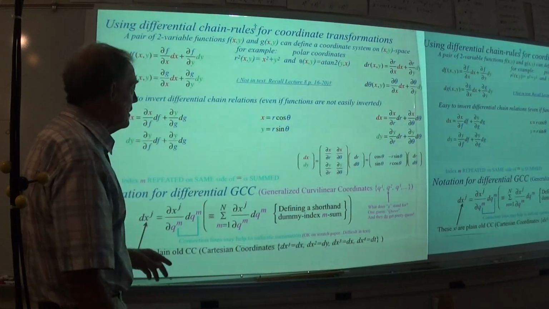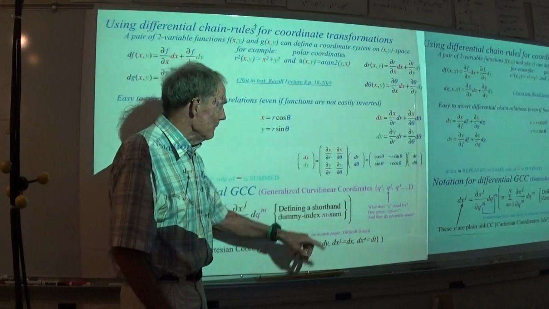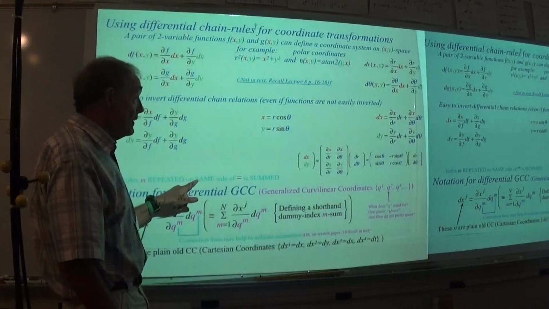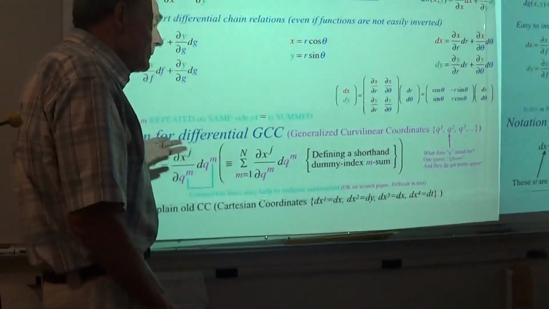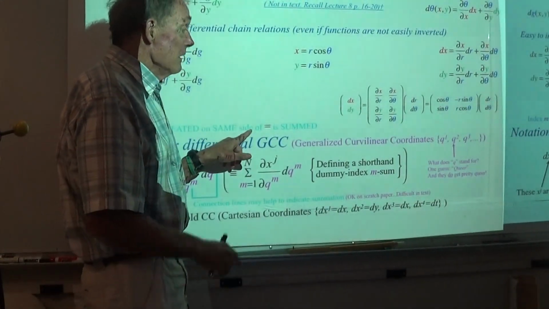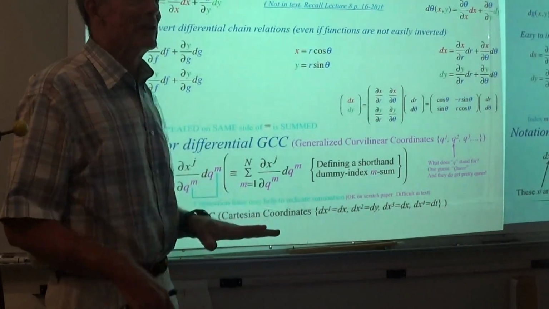Use what's called the dummy index sum rule. The rule is simple. If an index is repeated on the same side of the equal sign, it's usually over where you're working, but it could be on the other side, and it's just repeated on the same side, not on both sides. If it's on both sides, it doesn't make any sense to sum up all the equations and write them many times.